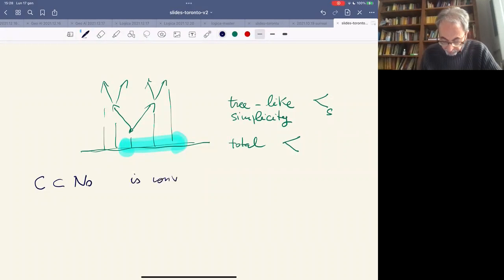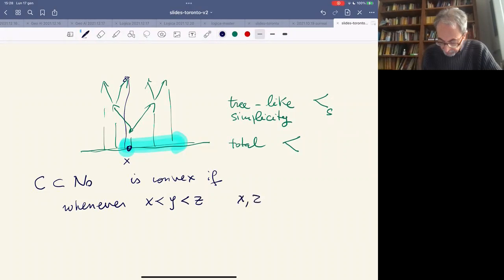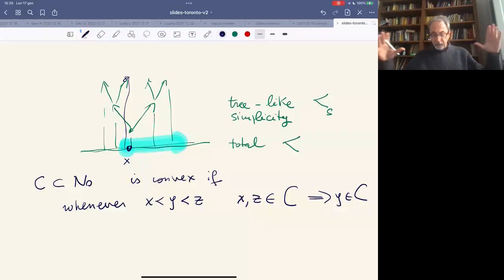C is convex if whenever you have X less than Y less than Z, with X and Z in C, then also Y is in C. So it's like an interval, but it doesn't need to have extremes. Everything which is in between is inside.